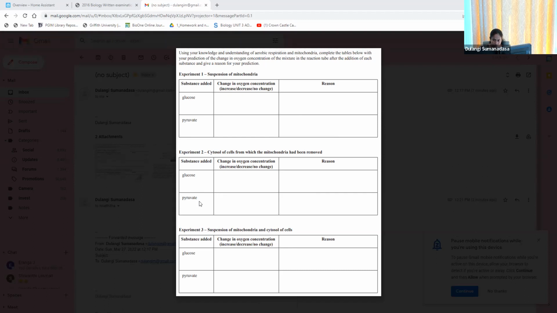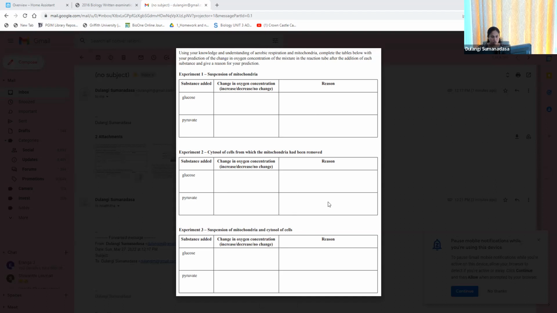So experiment 2, the pyruvate, right? We have the cytosol, so we can only do the glycolysis, right? So for this one, there's no mitochondria to break down the pyruvate, or to undergo Krebs cycle and electron transport system.